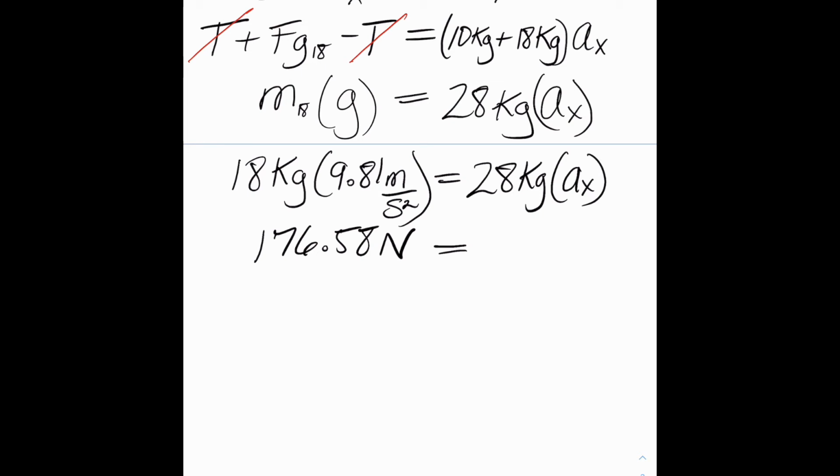I mean, that is a mass times an acceleration, so F equals ma, so we are in newtons, assuming we started with kilograms and meters per second squared. And over here, we still have 28 kilograms. So all we have to do is a little division.